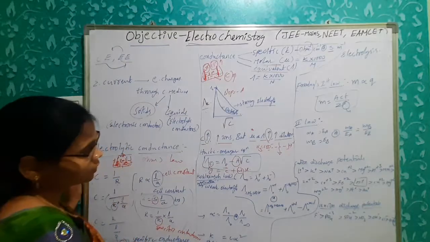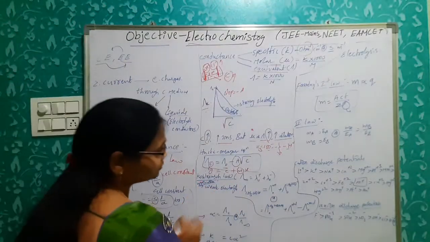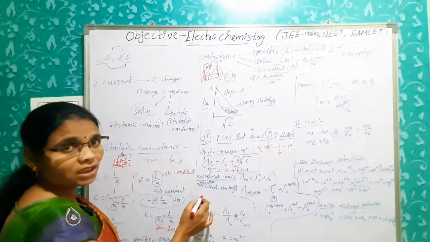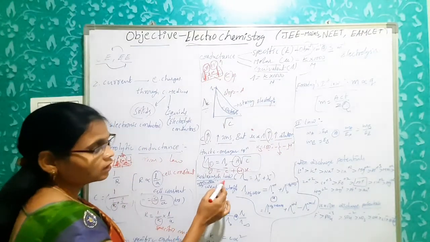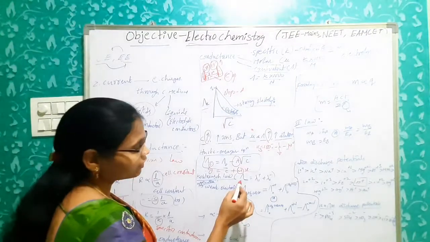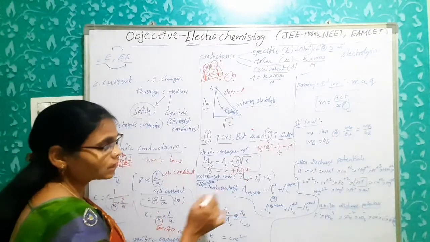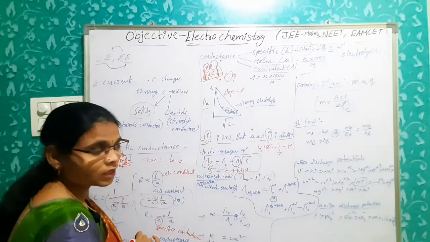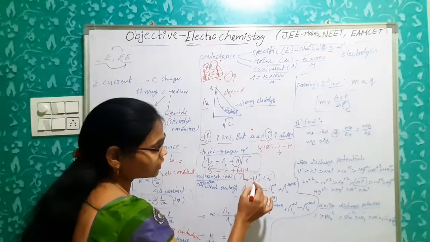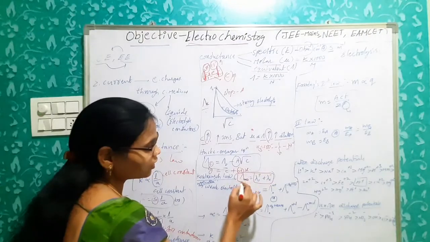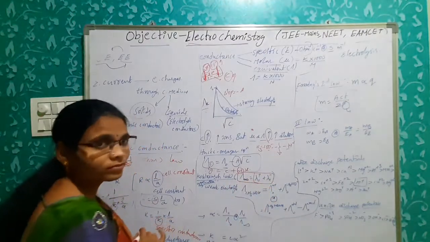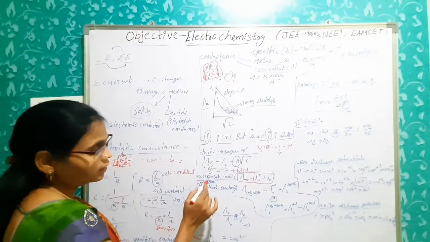Okay, so the next is Kohlrausch law. How to define Kohlrausch law? It states that equivalent conductance at infinite dilution, meaning almost zero concentration, is equal to the algebraic sum of conductance of the cation and conductance of the anion.